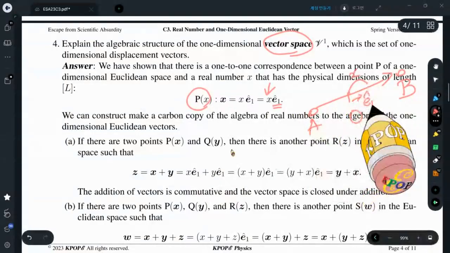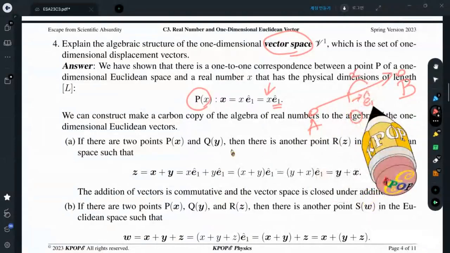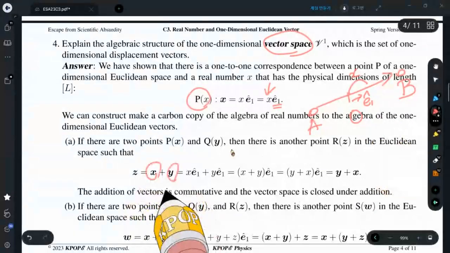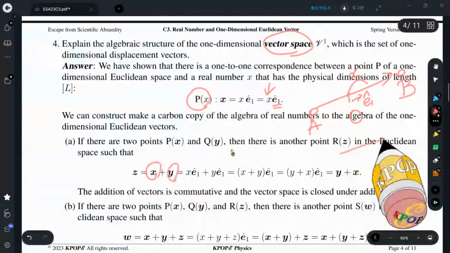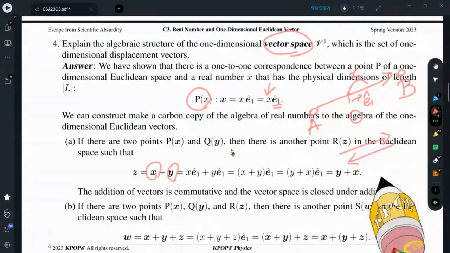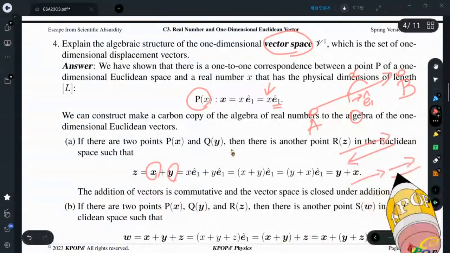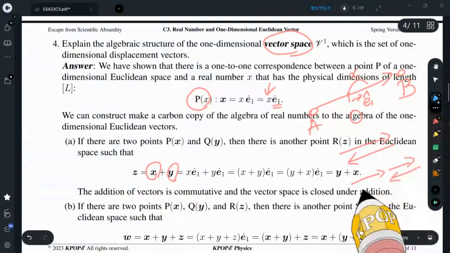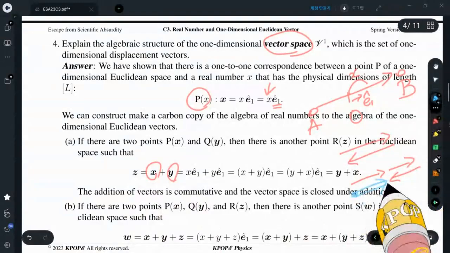That's fine. In that case, I can make an operation of displacement: addition of two displacements. You go to the right and then return, or go to the right 2 steps and return by 1 step. So the final displacement is this one.